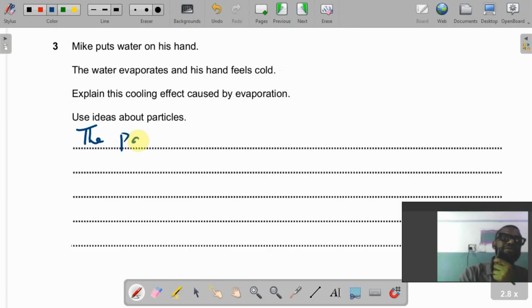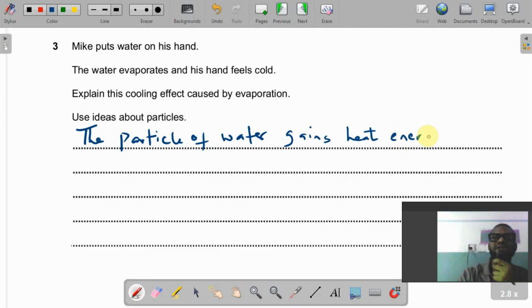The particles of water gain heat energy from the hand.